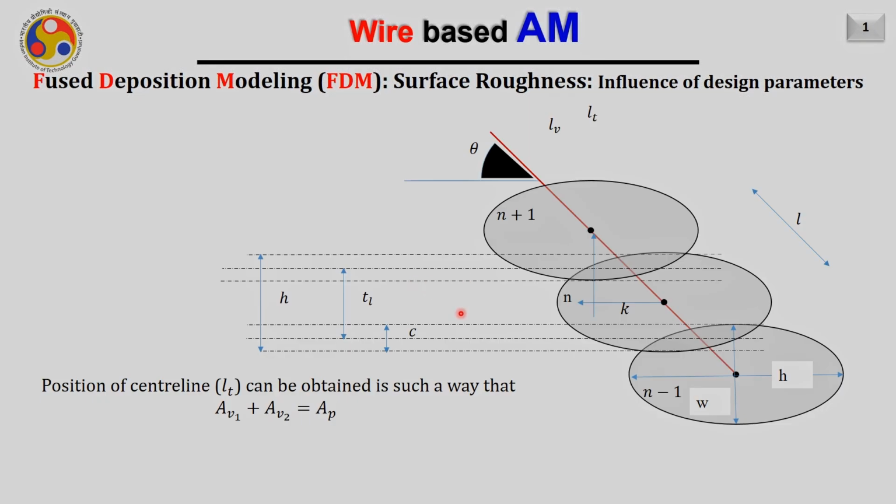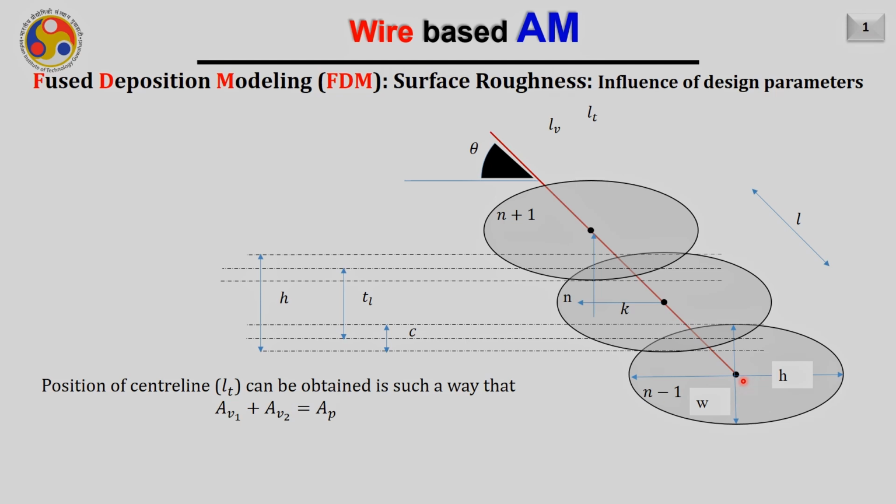So once we have the equations of the curves representing the cross sections of the bead deposited at the n minus 1th layer, the nth layer, and the n plus 1th layer, we can easily proceed to find the RA value.